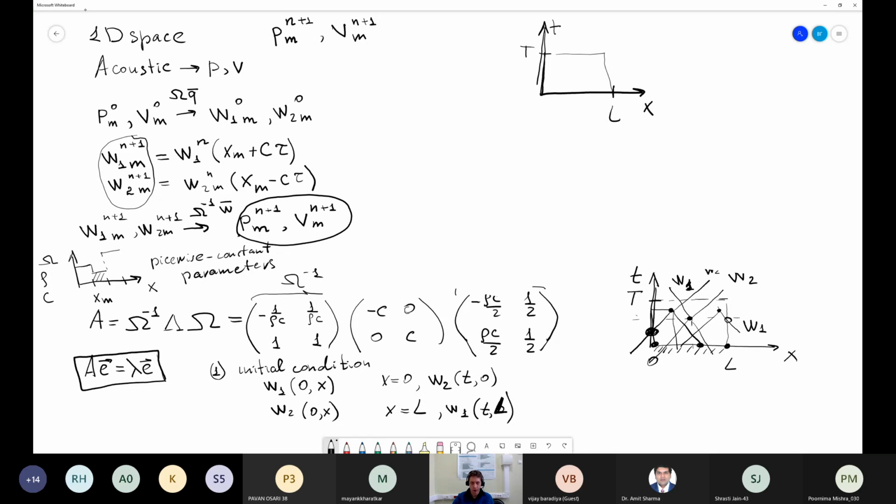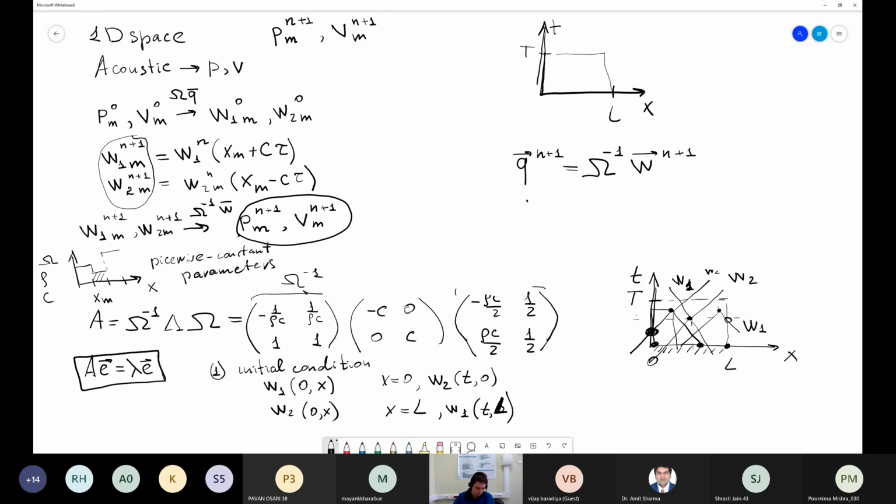Previously we said that we can reproduce the value of our unknown function at the next time layer using this procedure, omega minus 1 multiplied by the W at the same time moment. Let's write it clearly.